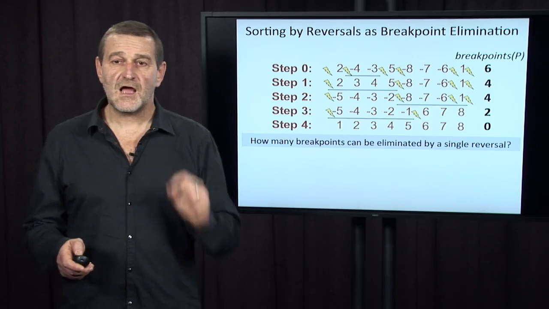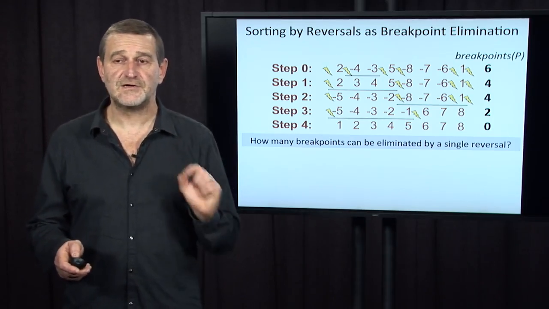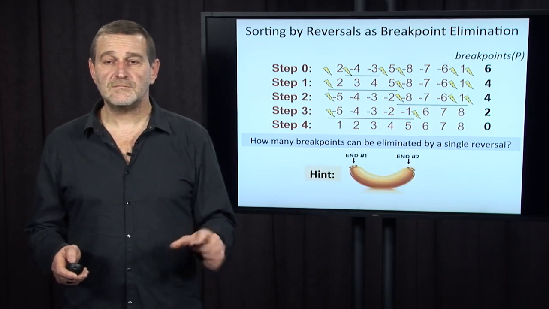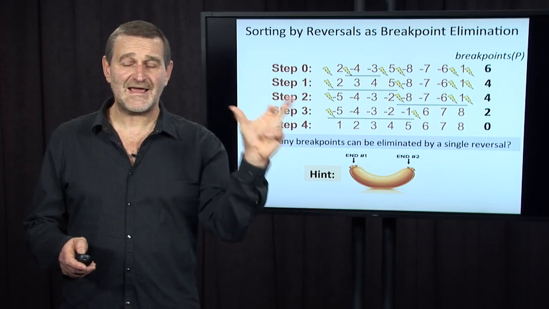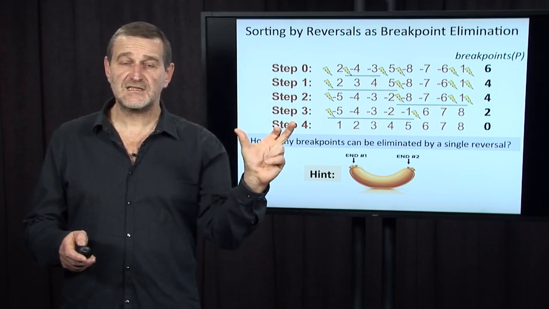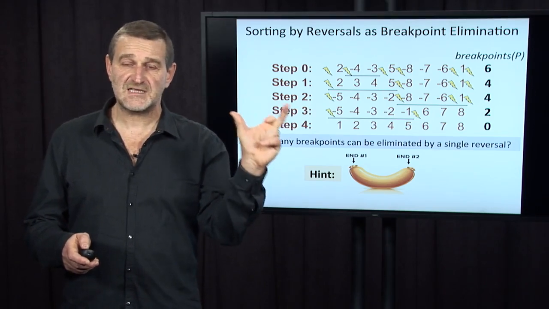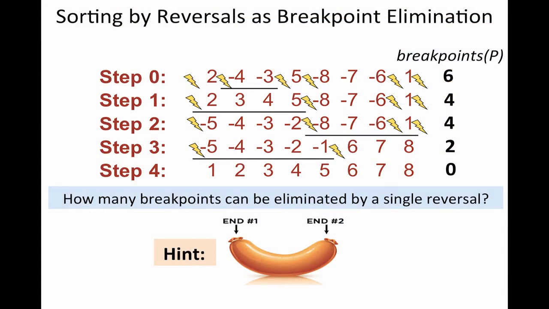Next question, how many breakpoints can be eliminated by a single reversal? Well, the answer to this question is simple. Reversal has 2 ends, and nothing happens with breakpoints on the left and on the right of these endpoints. Also, every breakpoint that existed within this interval will remain a breakpoint.